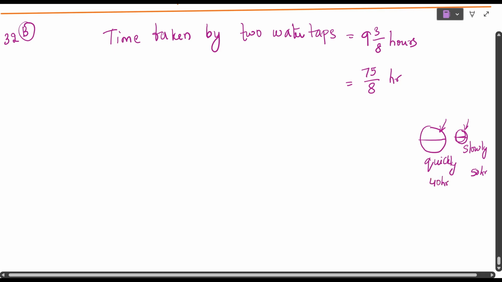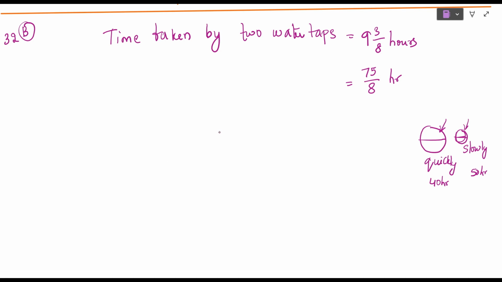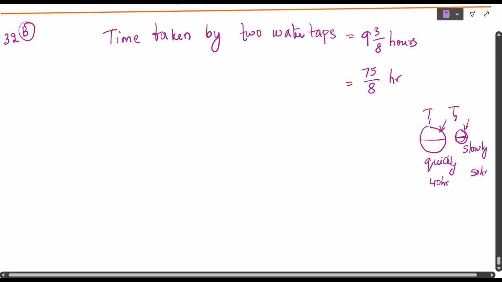Did you understand? So what can we do here? Time taken by smaller one minus bigger one gives 10 hours. Suppose this is T1 and this is T2. So T2 minus T1 gives 50 minus 40, that is equal to 10 hours.